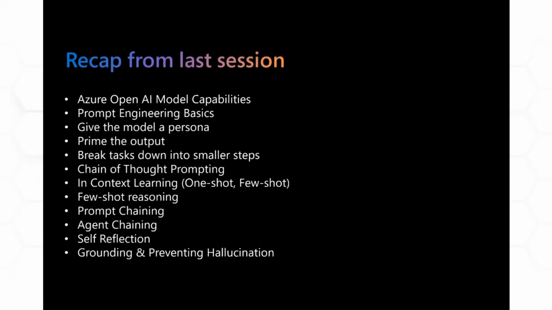And we jumped into even the few-shot reasoning, so giving your model examples on how to reason in specific cases where reasoning is required. We also covered prompt and agent chaining, where you can take an output from a previous step, use it in the next step, whether the next step is a prompt or another agent. And then we finally ended with self-reflection, grounding, and preventing hallucination.